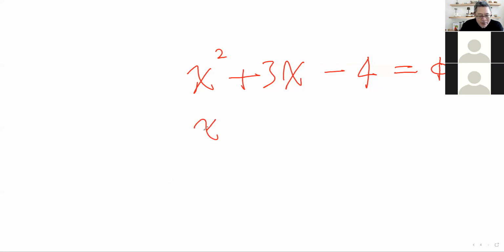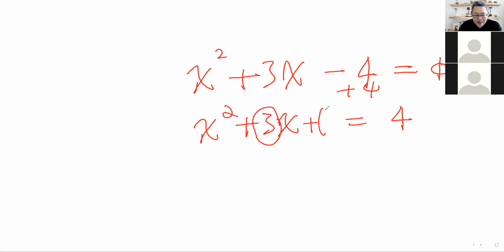We still do the same process and we move 4 over to the other side. Then we got 4. Now, what we're going to add here is always half of this, squared. So it's 3 over 2 squared. Now, anything we do on the left, we have to do on the right.